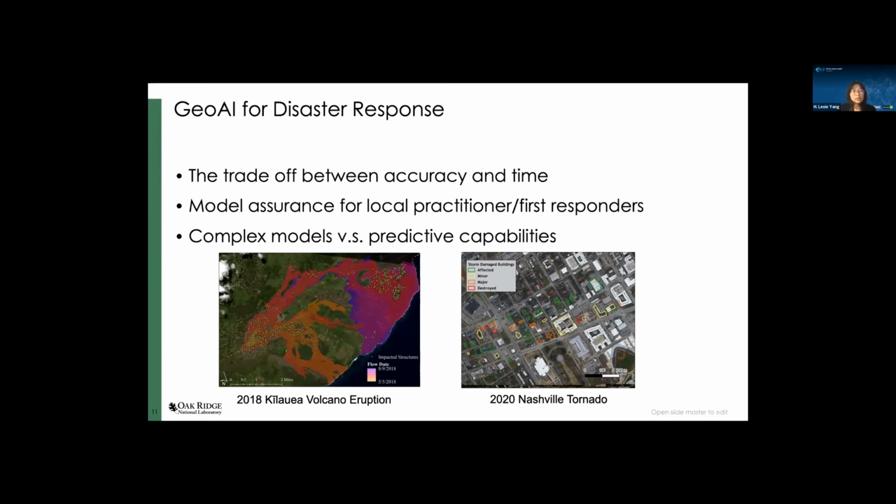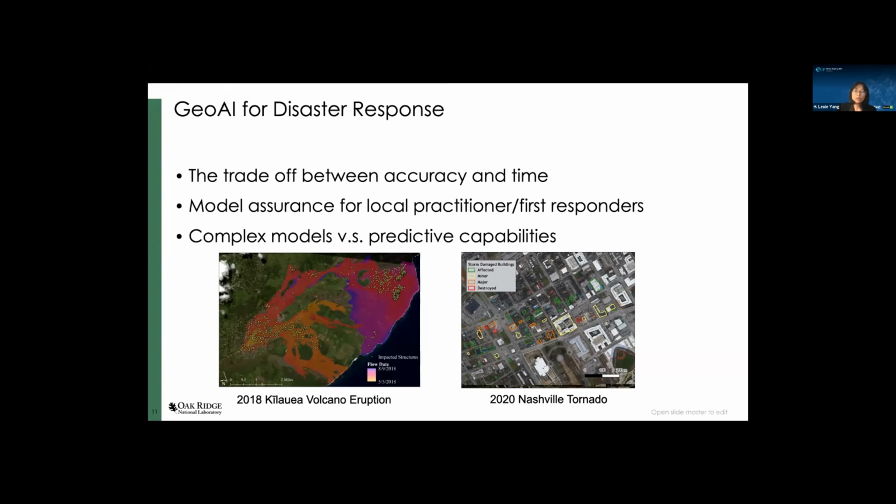Unfortunately, in recent years machine learning researchers tend to develop very complex models, which involve millions of parameters and so many feature layers in between before you actually get the outputs. So even though we can get very high predictive capabilities, the complex model makes explaining the predictions even more challenging.